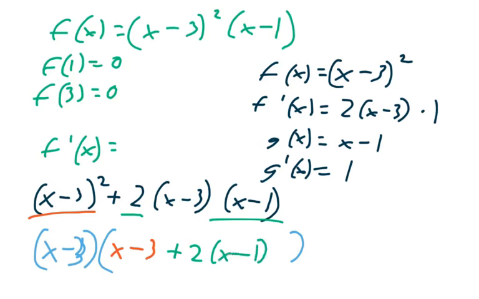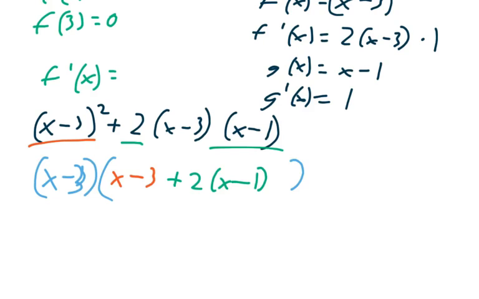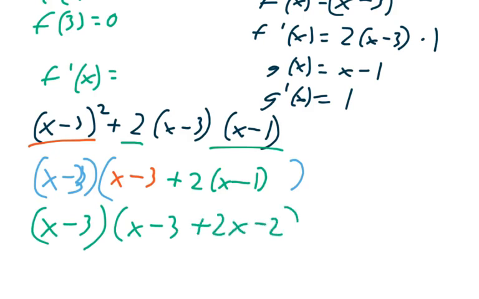And so now I have basically what I need in order to solve this problem. So we got x minus 3 plus 2x minus 2, which is 3x minus 5.